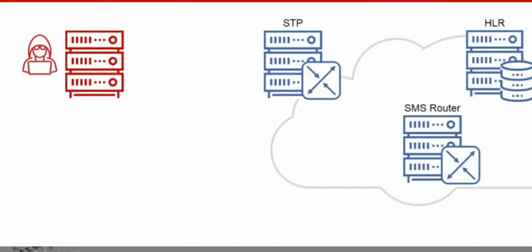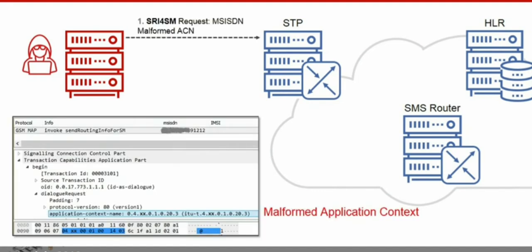Let's see. Again, a malefactor appears in the SS7 and sends a send routing info for SM message with a corrupted application context. STP, this is fantastic, but one bit influences the STP so that it routes this message not to the SMS router but to the HLR.